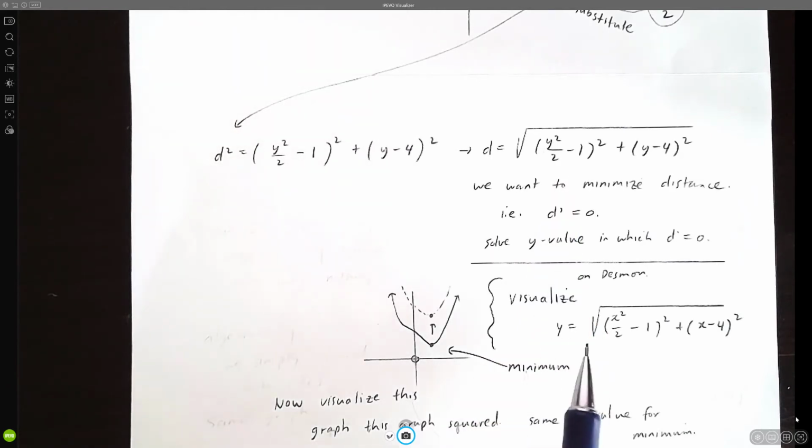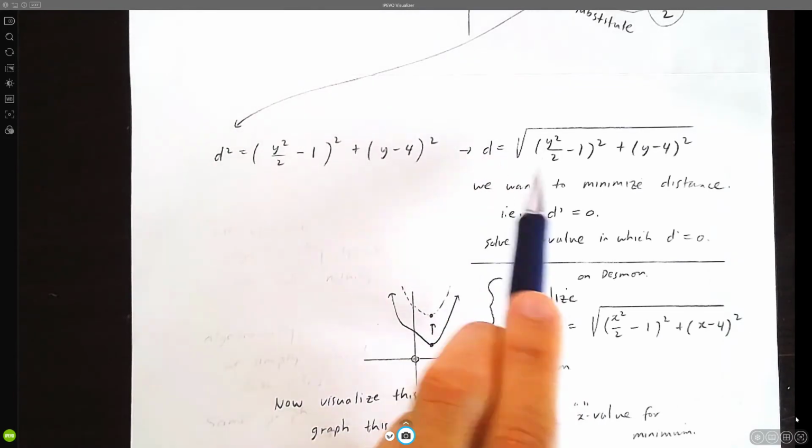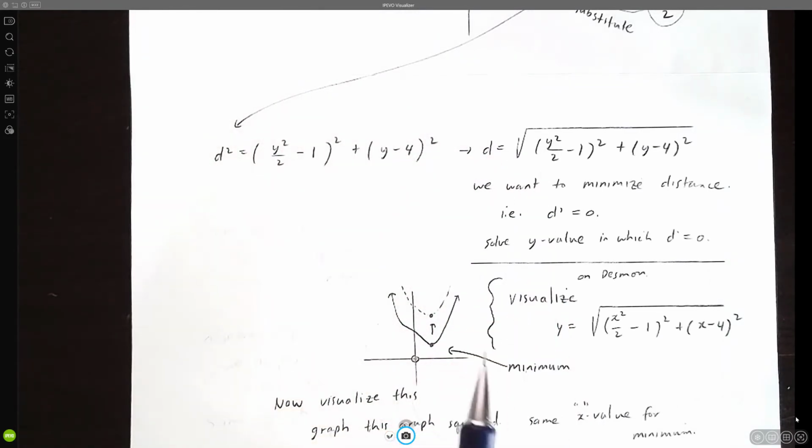On Desmos, if you visualize what's happening here, y equals the square root of this expression, it looks like this curve over here. And what we're trying to do is find the minimum, where the derivative is 0 right here. So we're trying to find the x value at which the minimum occurs. Similarly, for the question up here involving d's and y's, we're trying to find the y value.